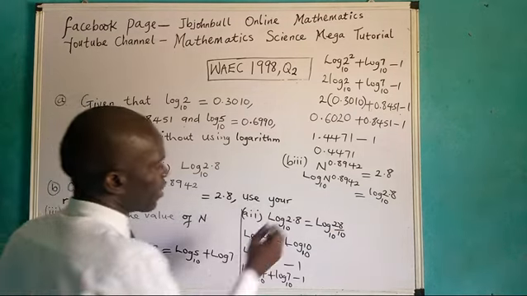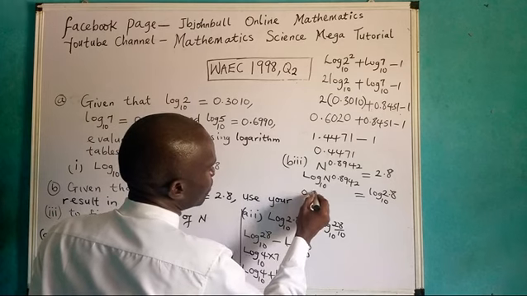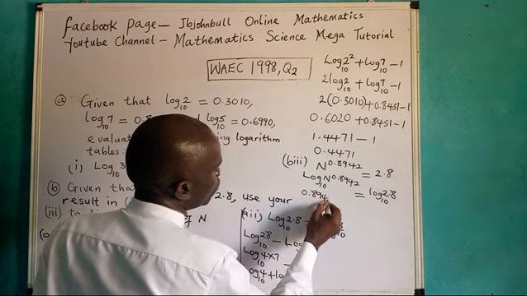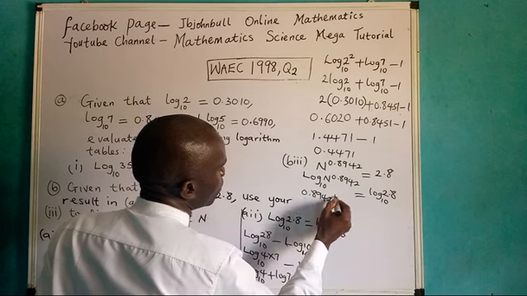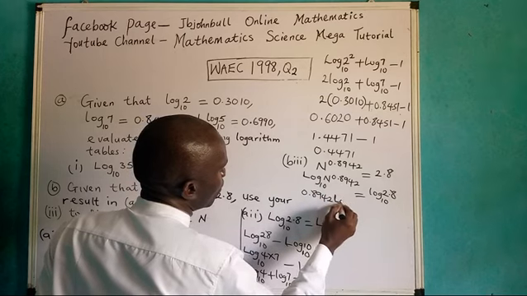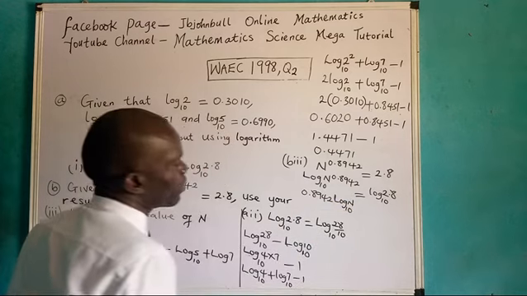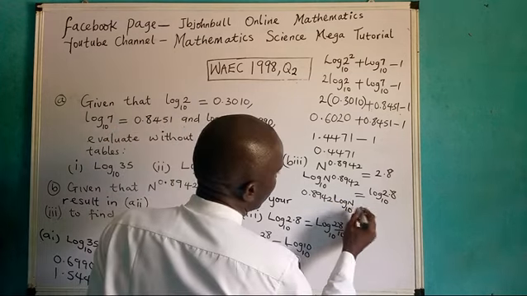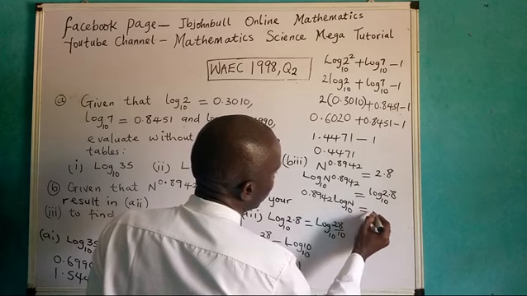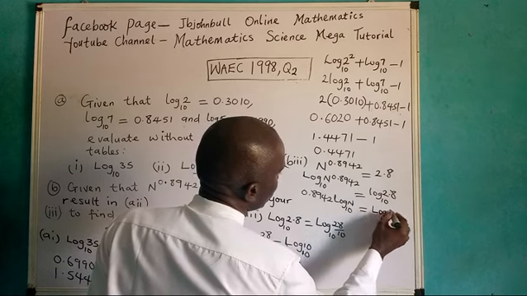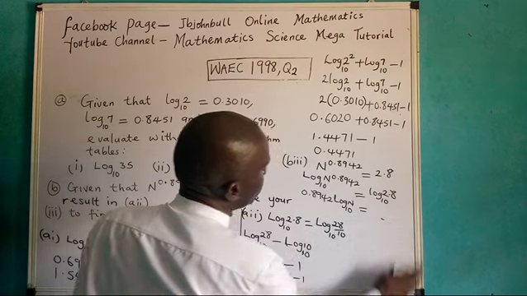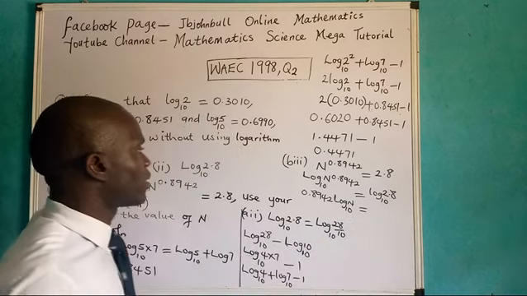For this one, we can apply change of power. I'll have to take it back. I will have 0.8942 log. I will now have log n to base 10 equal log 2.8. Remember, we have already obtained that.